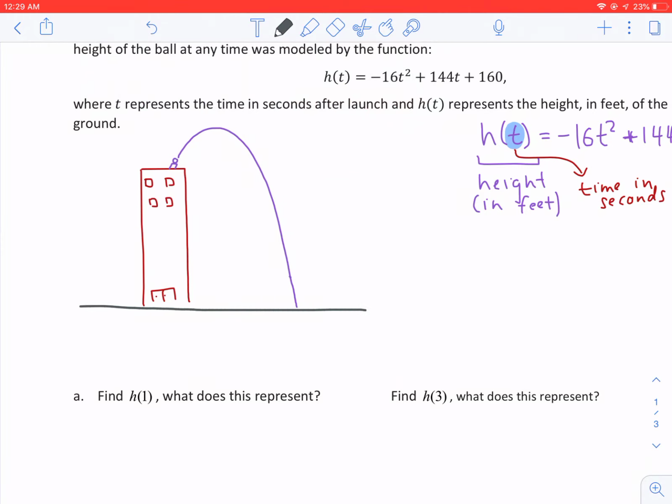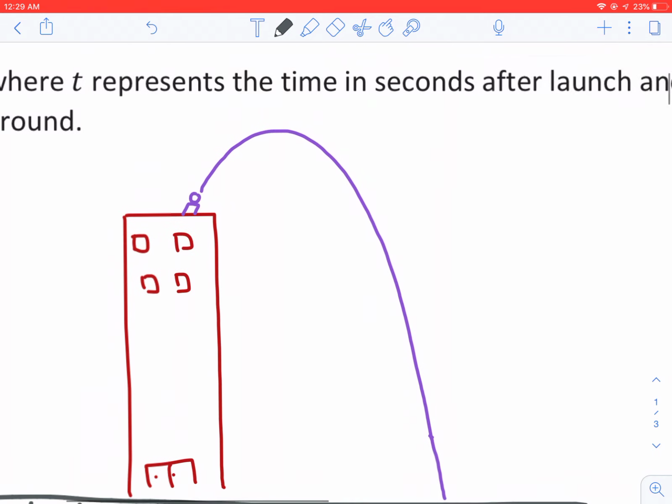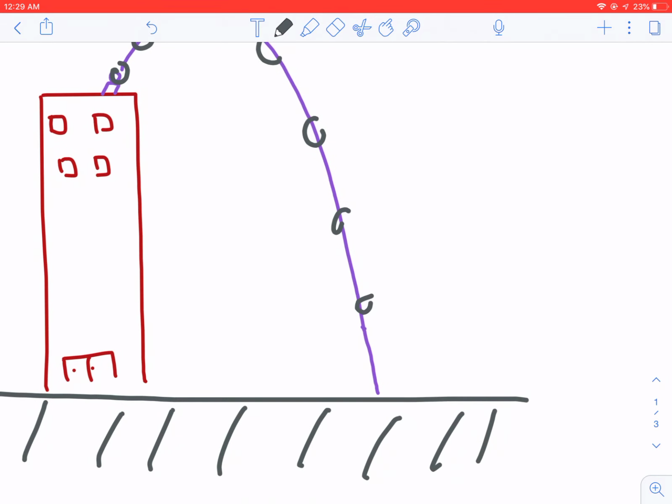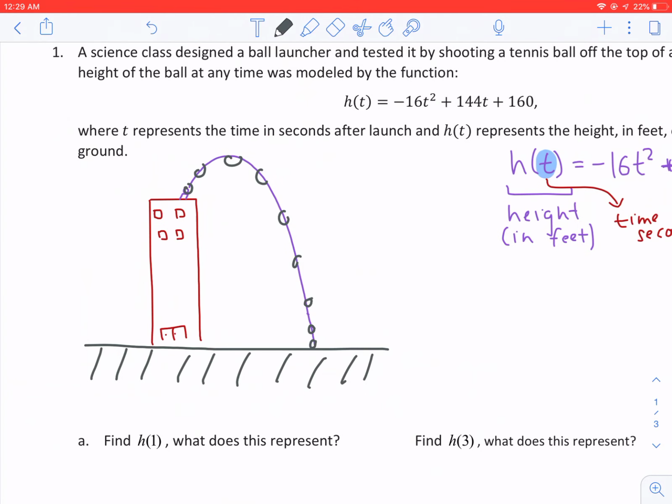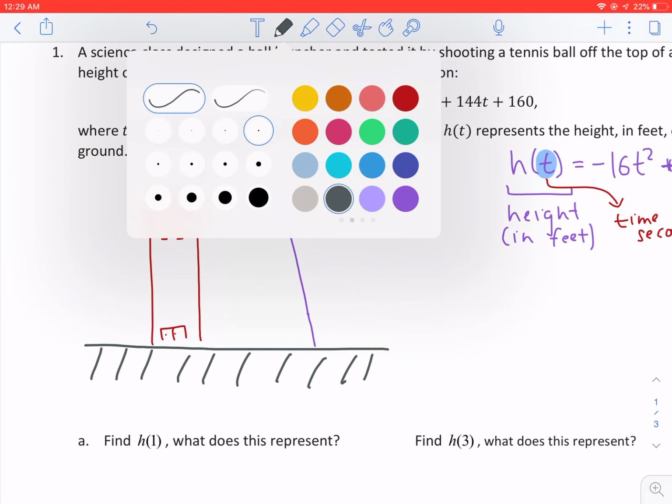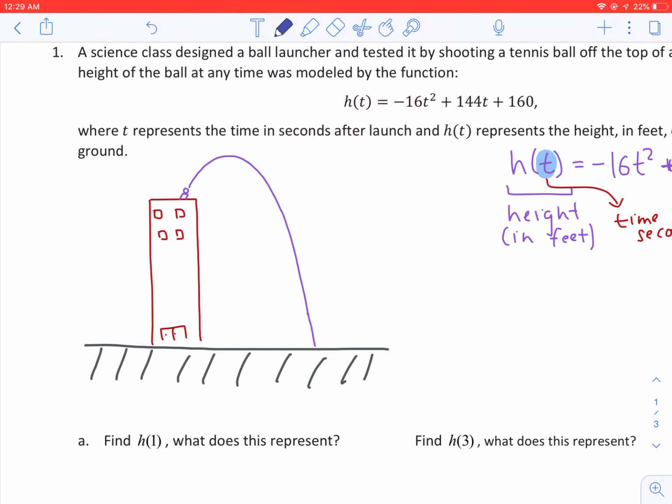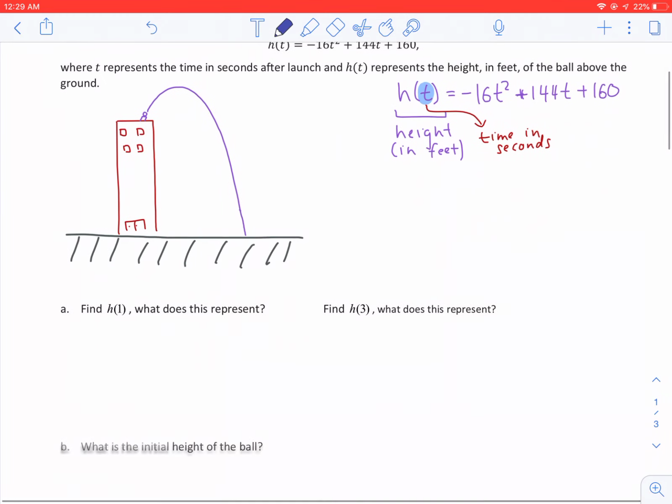And here's the ground, and there's the path of the ball. And bam, it strikes the ground after however many seconds. When it hits the ground, its height is going to be 0.